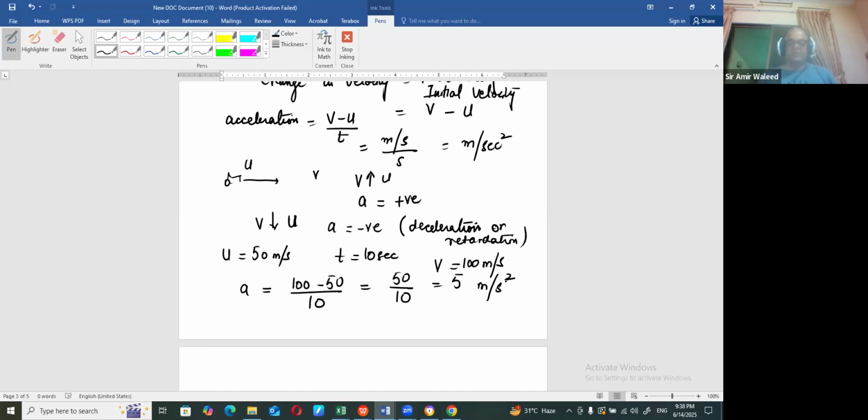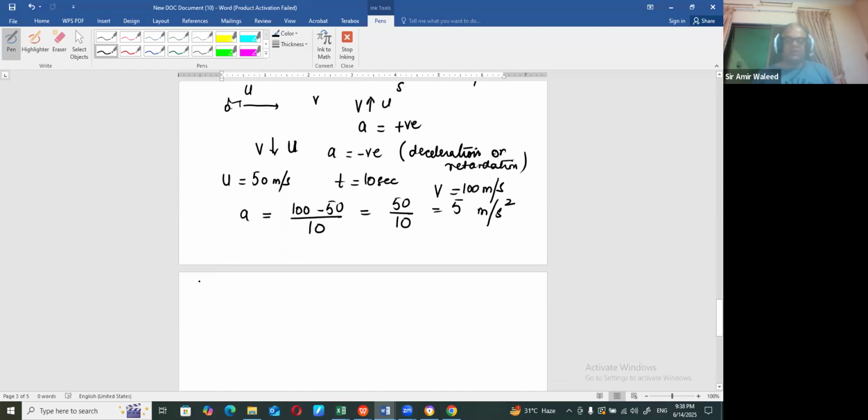Very simple case. It simply means that in each second, the speed is increased by 5. In the first second, the speed increased from 50 to 55, then 55 to 60, and so on. In 10 seconds, the speed increased to 100 meters per second. So this is what acceleration is all about.